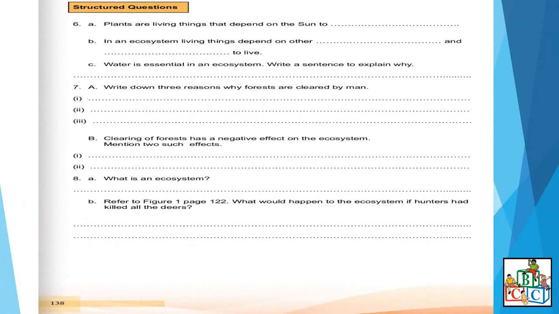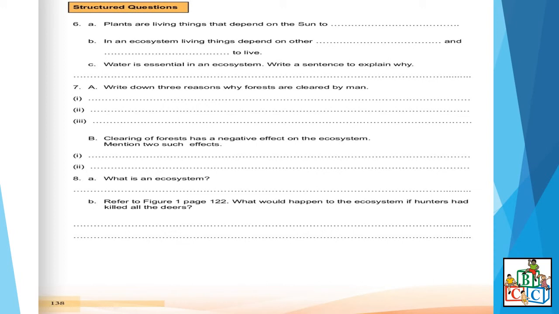The next page, 138, you have some structured questions, which mean you have to write a complete sentence, correct sentence. Okay, plants are living things that depend on the sun to do what? In an ecosystem, living things depend on other living and non-living things to live.